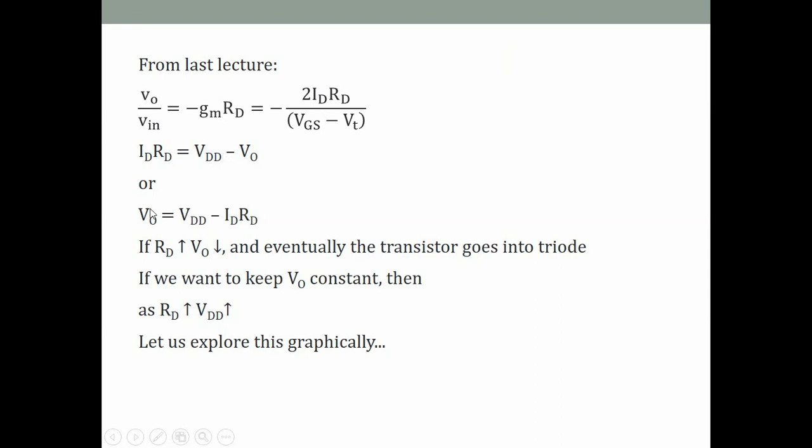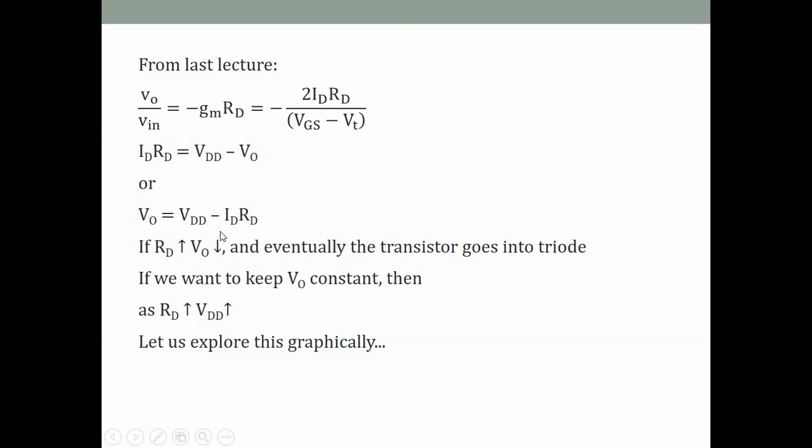We rewrite this in terms of VO, so VO is equal to VDD minus ID RD. We saw last time that in order to increase the gain, we can increase RD, but as we increase RD, VO, the DC drain voltage, decreases, and therefore eventually the transistor goes into triode. Now let's think about another possibility which we really didn't talk about last time.